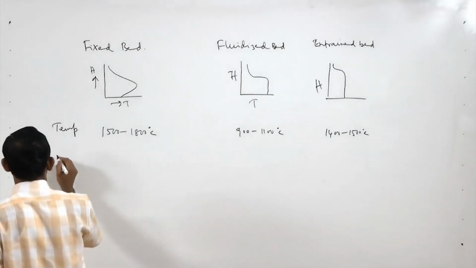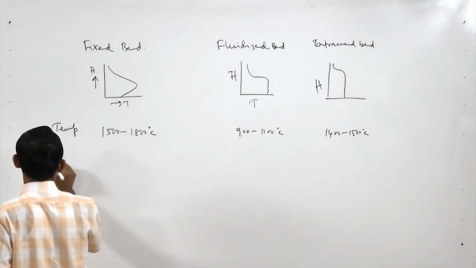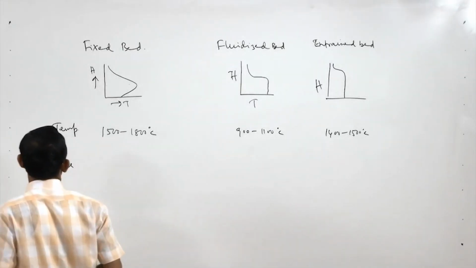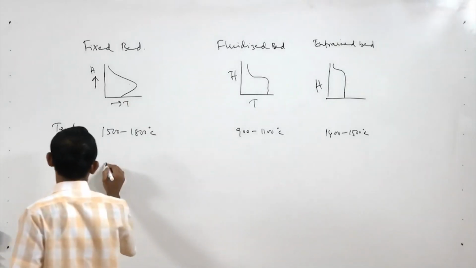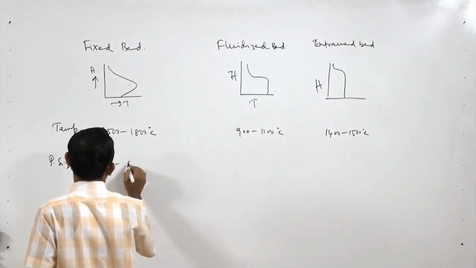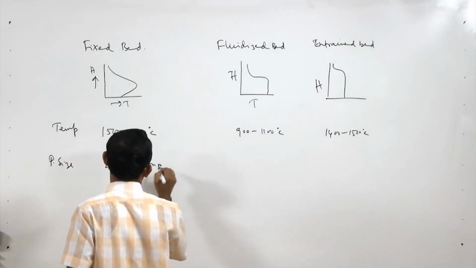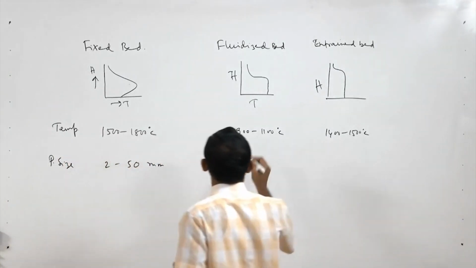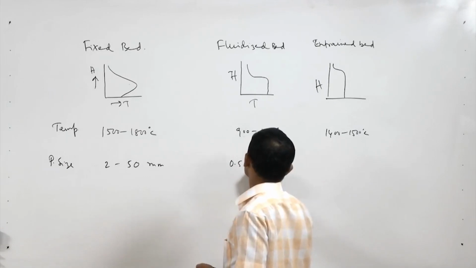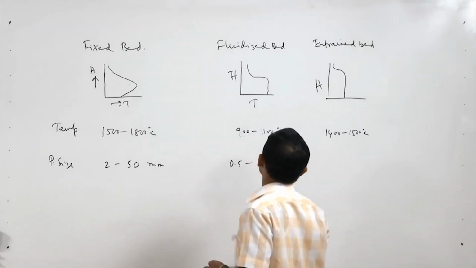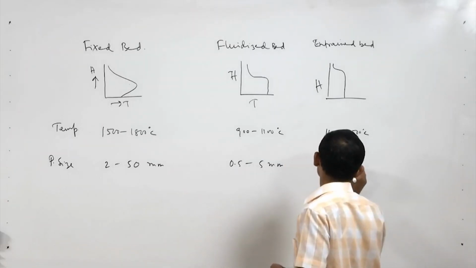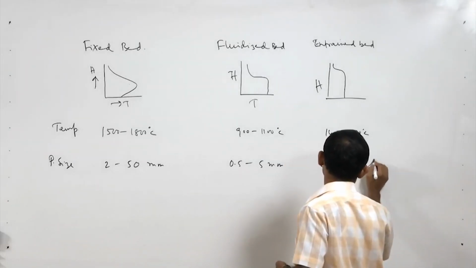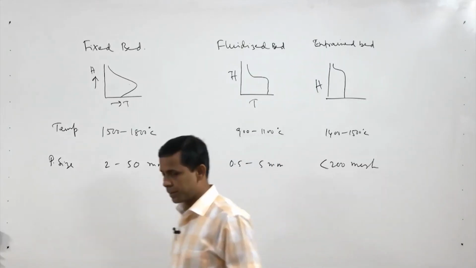If we think about the particle size, then particle size for fixed bed is bigger, say 2 to 50 millimeter. For fluidized bed, 0.5 to 5 millimeter, and for entrained bed this is less than 200 mesh, that is around 70 micrometer.